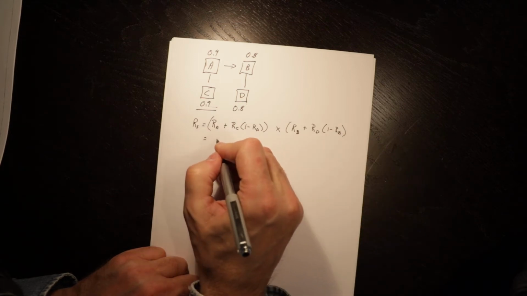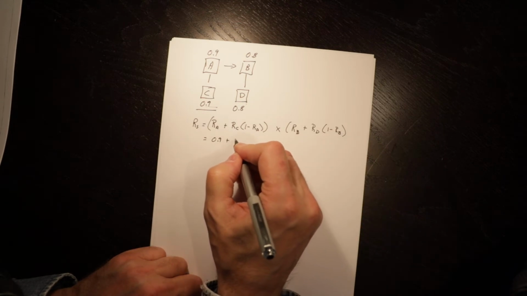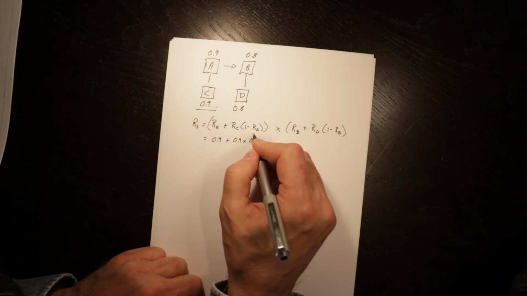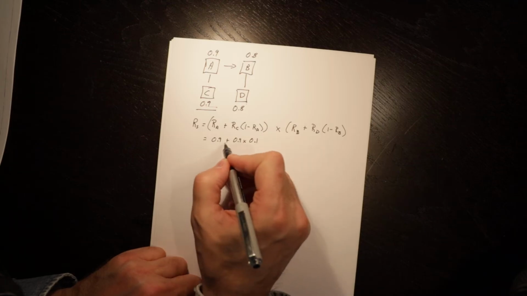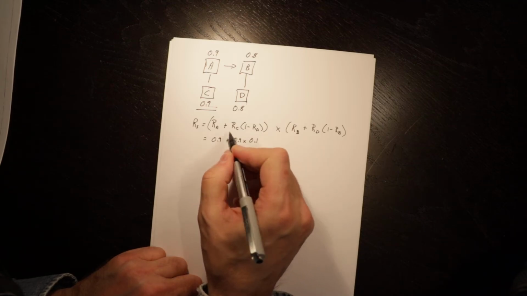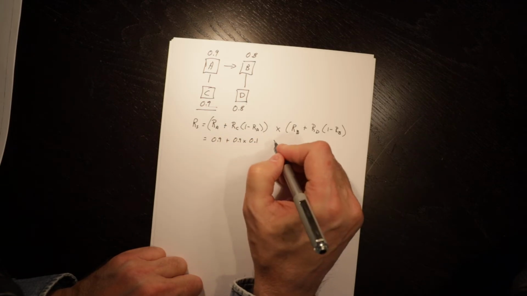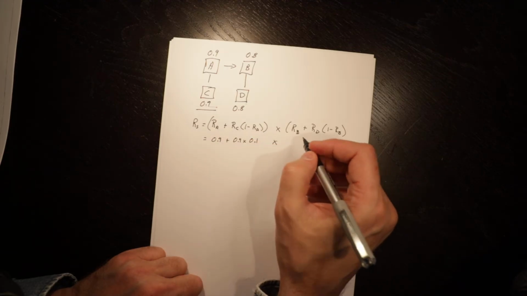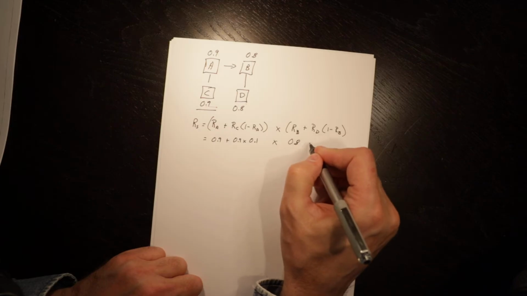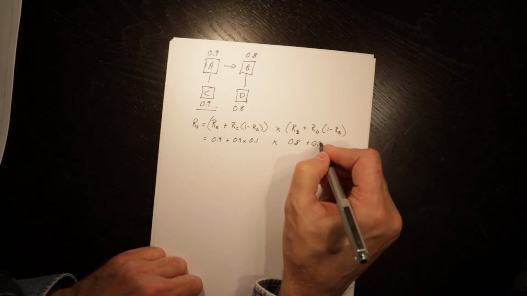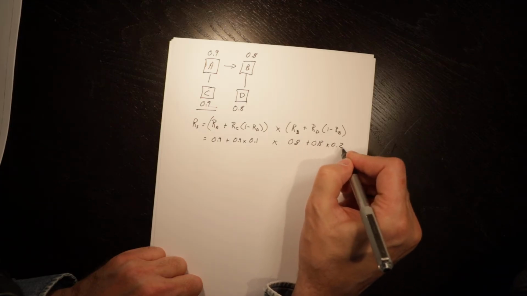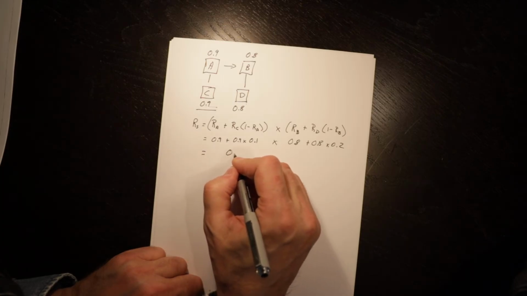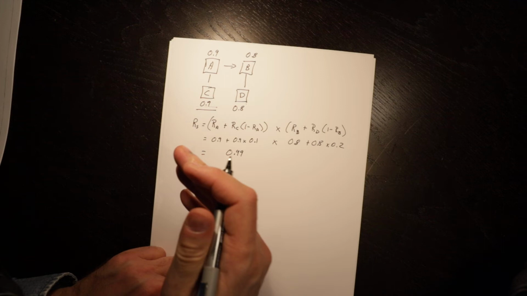So in this case, we'd have 0.9 plus 0.9 times 0.1, which is 1 minus 0.9. Like I said, in this example, the reliabilities are the same. They don't need to be, and then you just need to make sure which one you're doing. 0.8 plus 0.8 times 0.2. So the reliability of the first step in the process becomes 0.99.